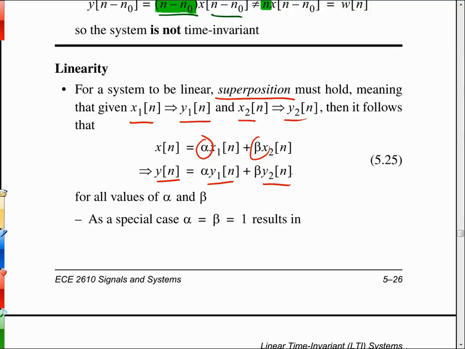So that's an example of superposition, and we hope that's a linear system so that the music can be really loud, and then the person mixes in their microphone input. Suppose the music is coming through with some gain or volume level as x1 into the power amplifier, and the microphone is coming in through another gain setting beta as signal x2, and then we hear it over here as a composite output.